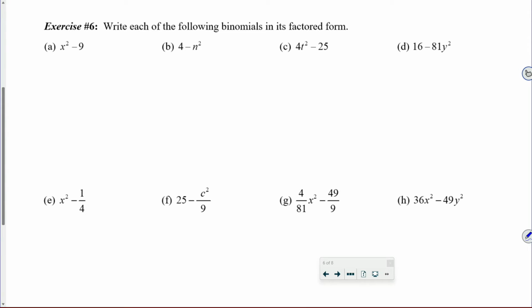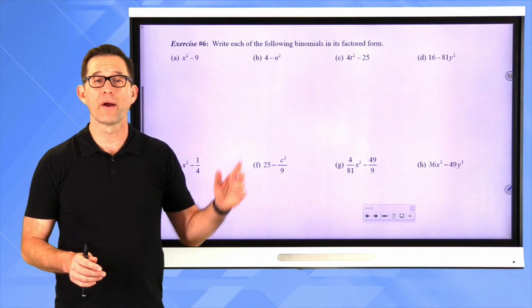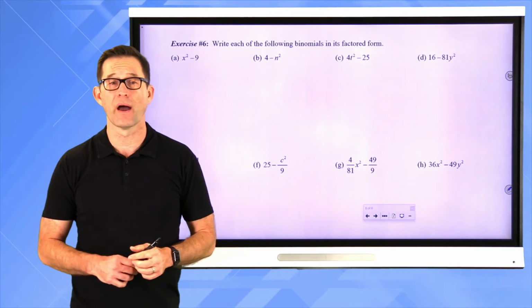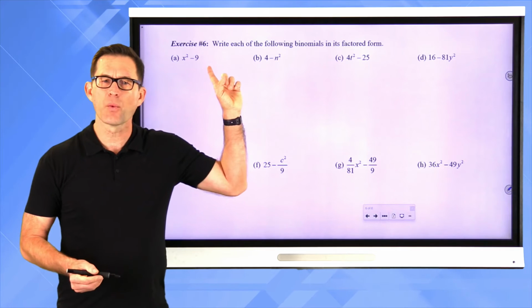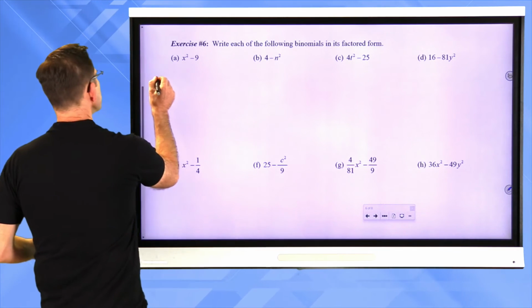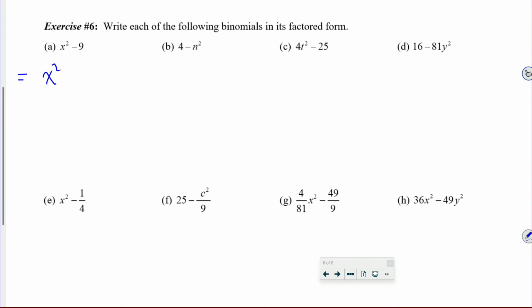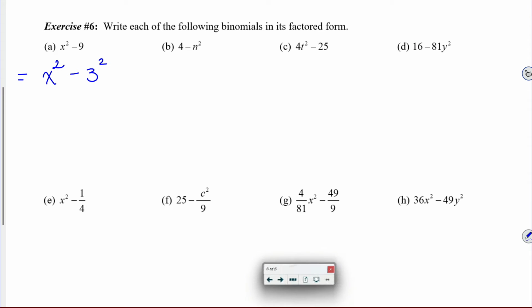Write each of the following binomials in its factored form. All right, well, this really requires us to look at x squared minus 9 and say, oh, x squared minus 9, that is the same as x squared minus 3 squared, right? So I recognize that 9 is a perfect square. And because of that, I can write it as 3 squared.